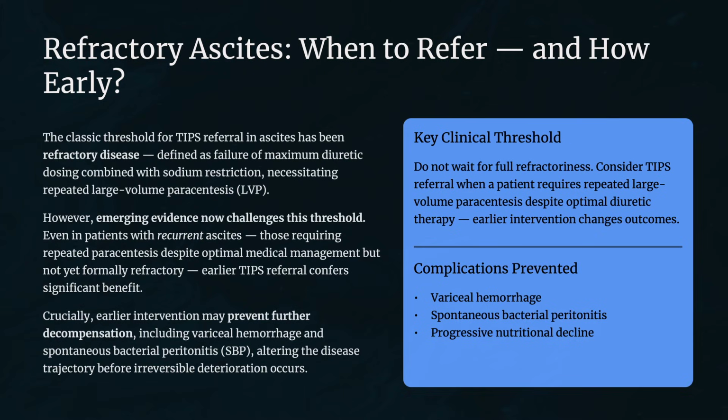Importantly, there's a lot of emerging data suggesting that we don't need to wait till ascites becomes refractory. Even in patients who have recurrent ascites, requiring repeated paracentesis despite optimal medical therapy, there is significant benefit for earlier referral, even potentially preventing further decompensation, such as a variceal bleed or what we call spontaneous bacterial peritonitis.